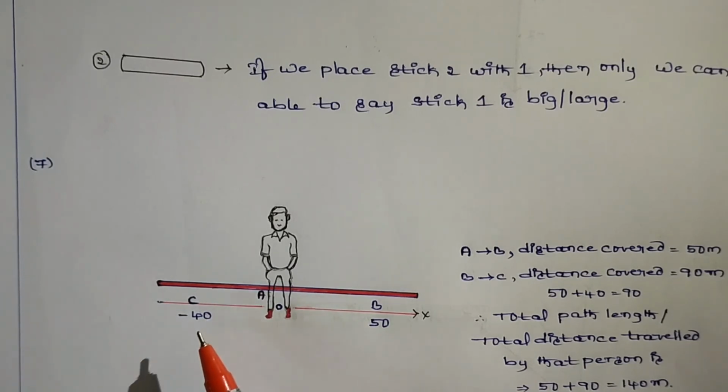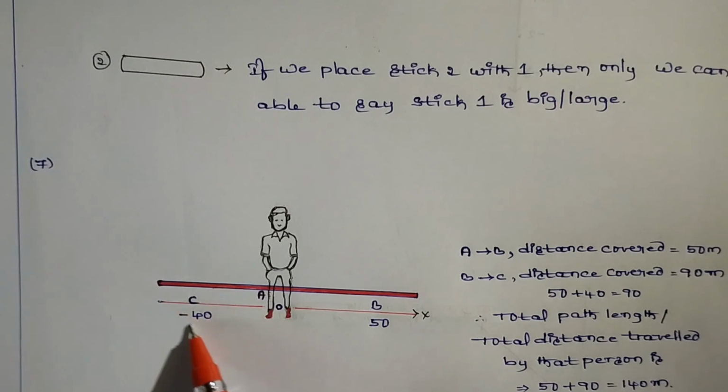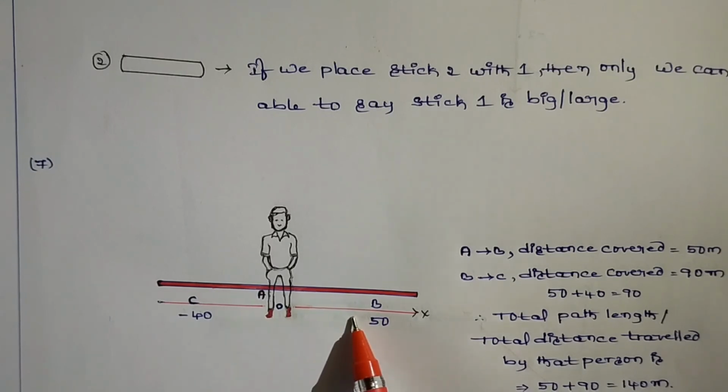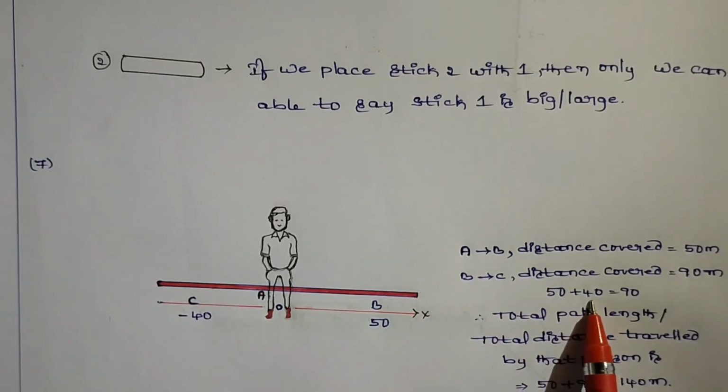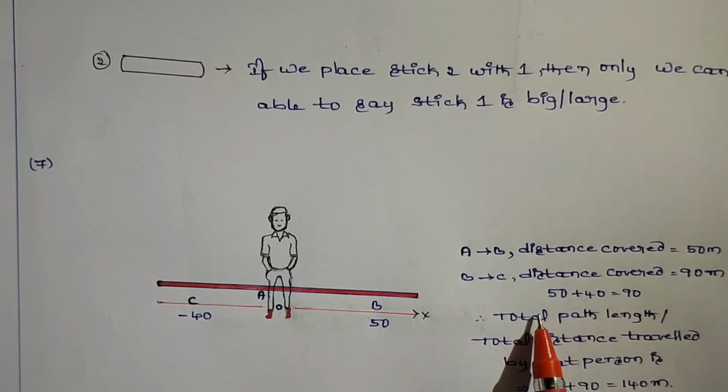Here one more thing you have to keep in mind, that C lies on the negative side of the x-axis. This is the x-axis, and this is the origin. Here we should take negative values, but we are taking positive, because the distance traveled by a person can never be negative.